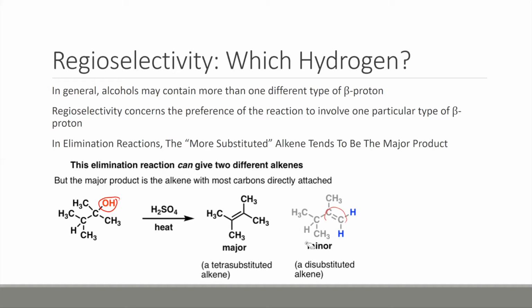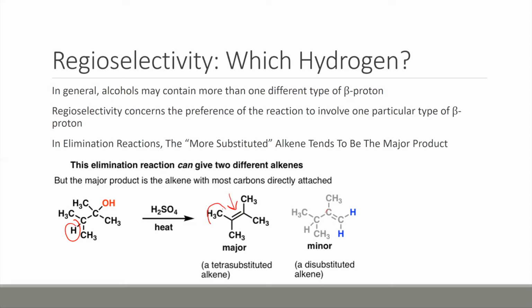That's if you take off a hydrogen from this carbon or this carbon, either of them, they're equal in this case, to form your double bond. Now, when picking which would actually occur, we see that the major product is when this hydrogen is removed, forming a double bond in between, because this double bond is the most substituted.